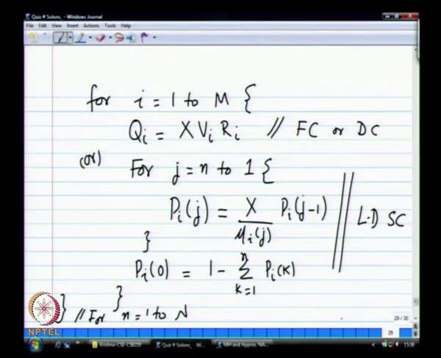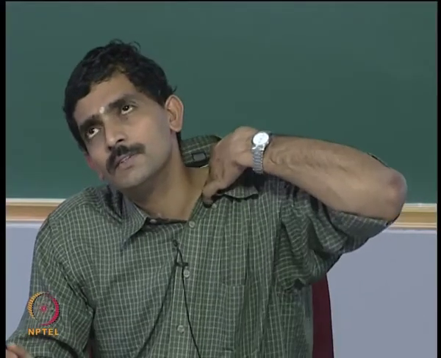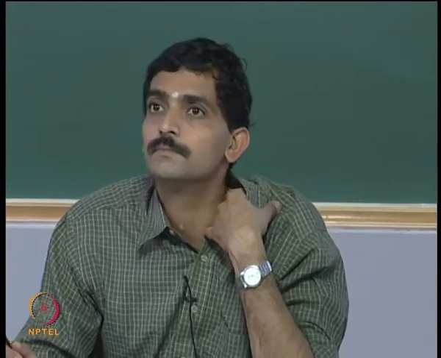Why does Qi come in? That does not matter, let us see where we will use that. It is only when you compute the final values. Qi will be simply the number of customers that are in the thinking state, the number of terminals that are in the thinking state.